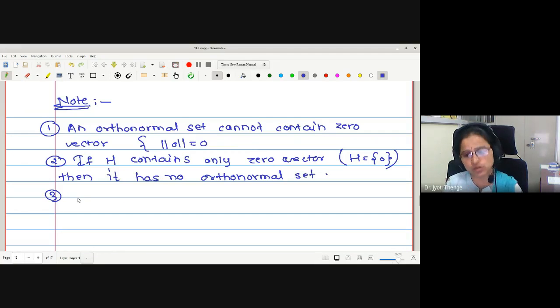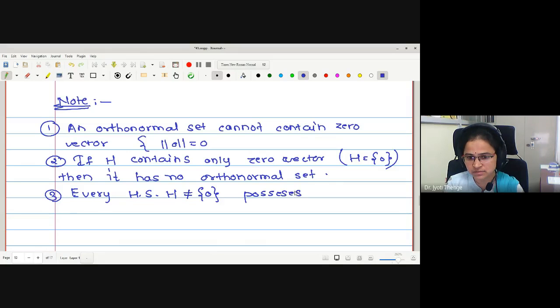Third, if a Hilbert space is non-zero, then it possesses an orthonormal set. Every Hilbert space H not equal to singleton 0 possesses an orthonormal set.